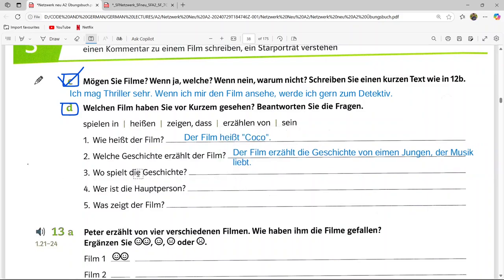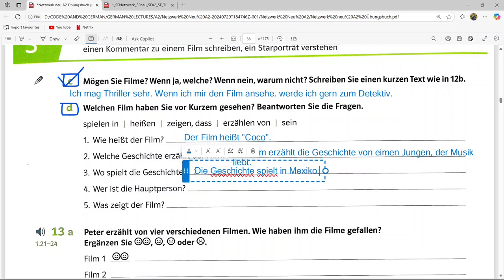Wo spielt die Geschichte? So where is the story set? Die Geschichte spielt in Mexico. So the story is based in Mexico. Okay. Who is the main character?